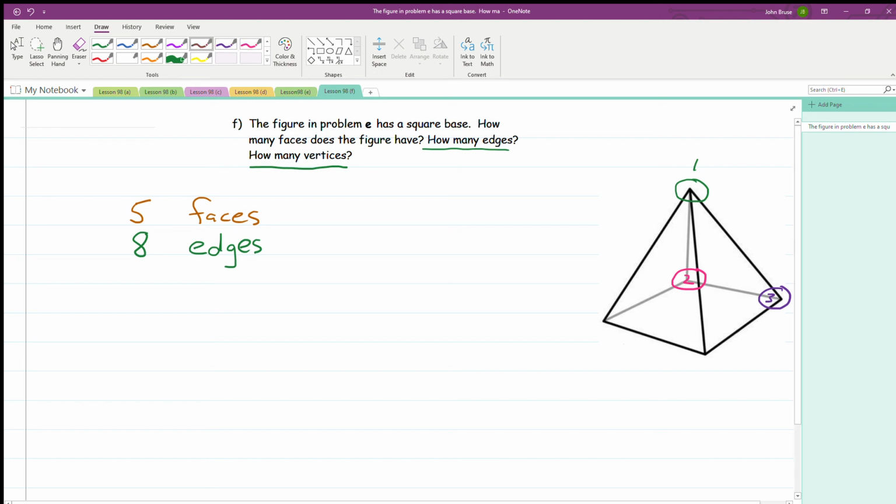We have a corner up front here, that's 4. And we have one more corner, or vertex, right there. If we're talking about one of these corners, it would be called a vertex, and when we have multiple corners, it's vertices. So we ended up with 5 vertices.